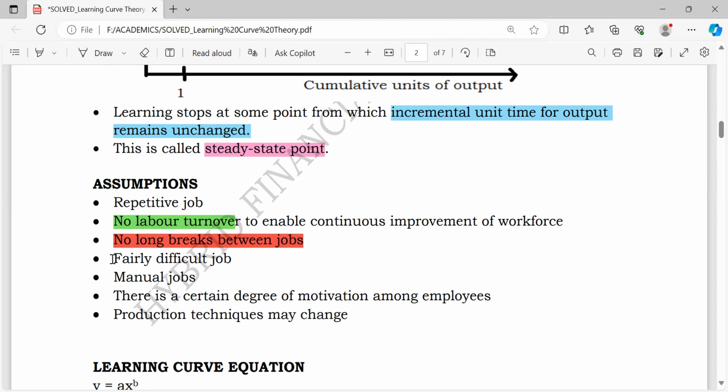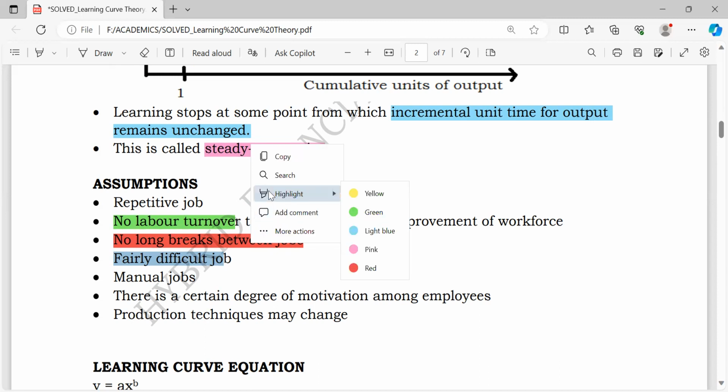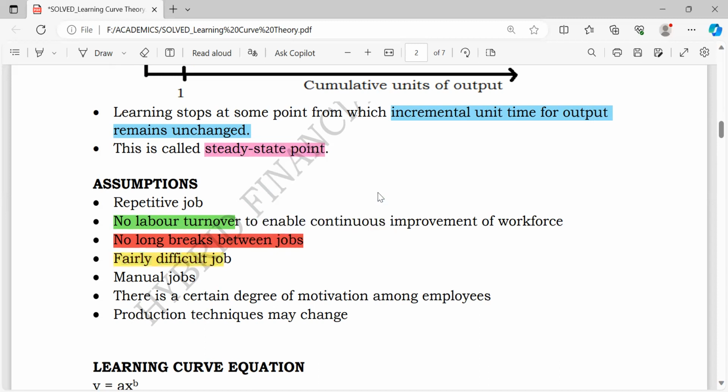Also, we should have a fairly difficult job. This too is obvious. Let's say we have been given the job just to take boxes from one corner of the building to the other corner. That doesn't need any learning. So the job should be fairly difficult, in such a way that labor needs learning to be much more efficient. Then we should have manual jobs.